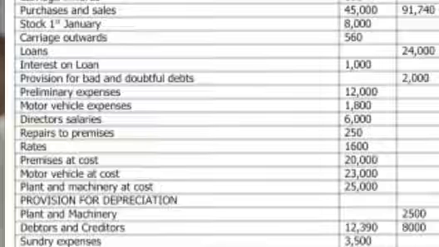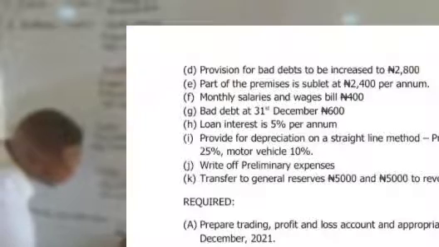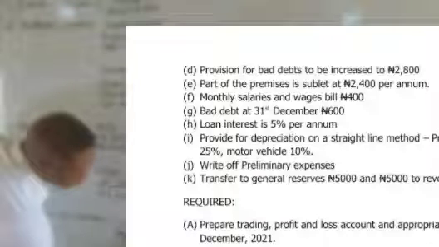So it means let's check in the trial balance if they already have provision for bad debt there. So they already have provision for bad debt there. Now we can call that the old provision. The old provision is 2,000, the one in the trial balance. Now they said we should increase it to 2.8. So the new provision is 2.8.